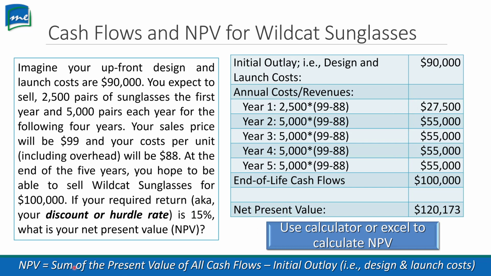Let me get to the right indicator here. All right, so we have our 15% right here. But we're taking 15% of all of this. And then we're subtracting the 90,000. And that's how you figure out your net present value.